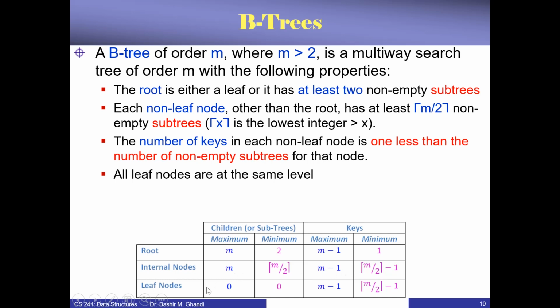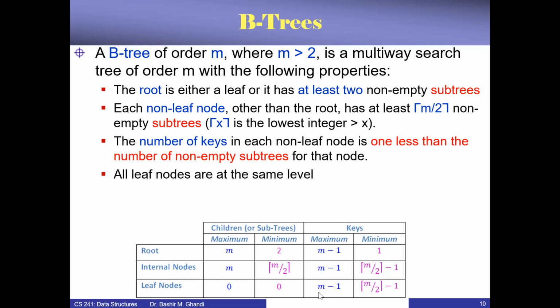What about the leaf nodes? Well, the leaf nodes, they don't have subtrees, but they do have keys. The same rule applies. They cannot have more than m minus 1 keys. This is the maximum. All right? Good. Now, so that's the maximum. Maximum is very easy to remember. The maximum subtrees is m, and therefore maximum keys is m minus 1.